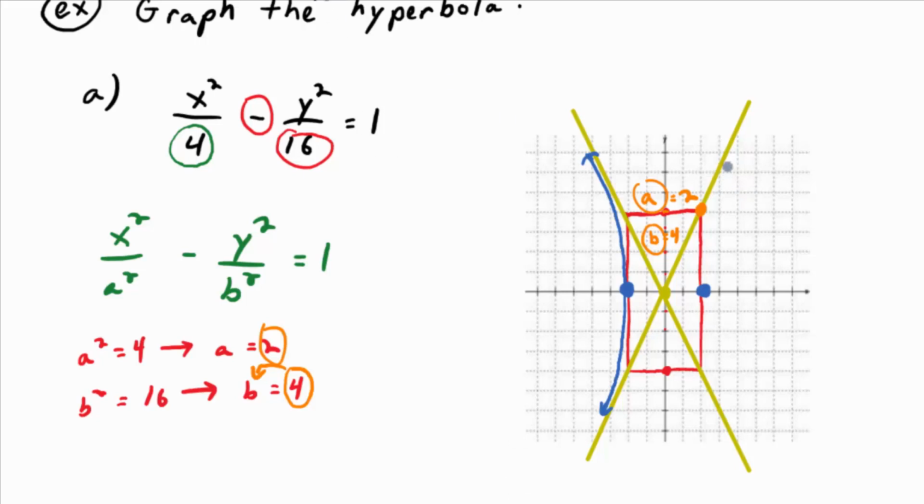And then the other branch should look like a mirror image of it, getting closer to the asymptote as it goes to the right. We don't really plot any points except for the 2 vertices in the middle of the 2 opposite sides of the box, the vertical sides in this case. Okay, so the graph in blue, those 2 branches, make up the one hyperbola.